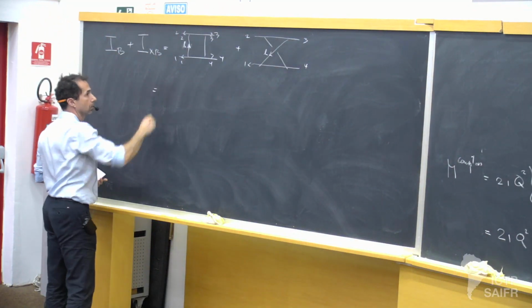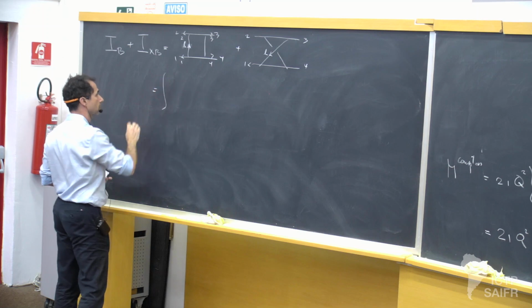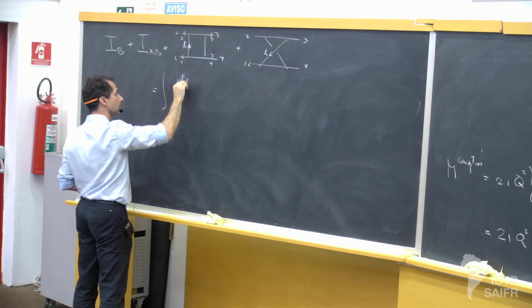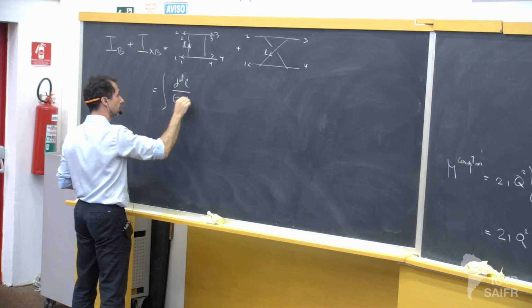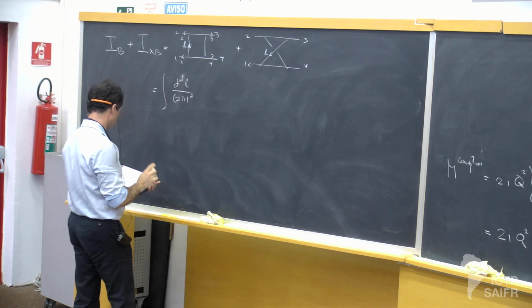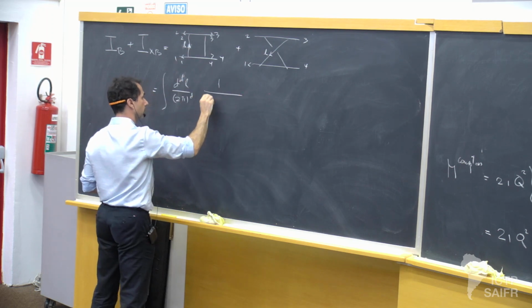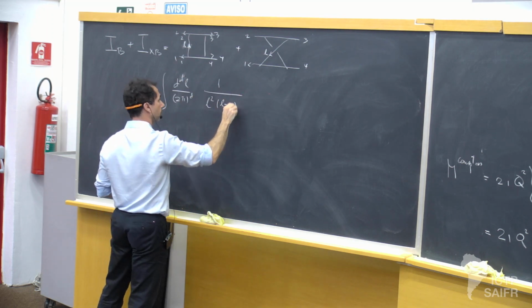So what is this? This is an integral d^d L over (2π)^d, and then there are some propagators here from the messengers, 1 over L squared, (L minus Q) squared.